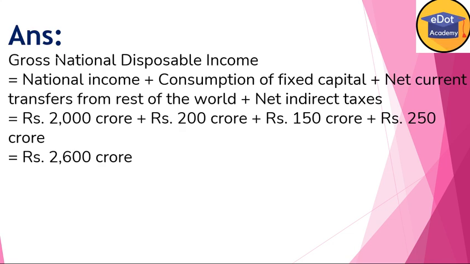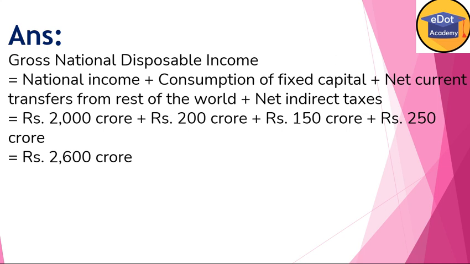The formula of gross national disposable income is national income plus consumption of fixed capital, that means whatever the country has consumed itself, plus net current transfer from the rest of the world, means whatever income is coming from the rest of the world is also counted in the gross national disposable income, plus net indirect taxes.